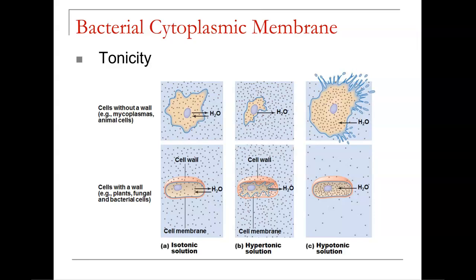If it's a hypertonic solution, let's say there's more particles outside than inside, then that water flows out and will cause them to kind of shrivel up. If you see it where there's more solutes inside of these cells versus outside, water flows in, and it could even flow in so much it causes them to burst, and that is often referred to as lysing.